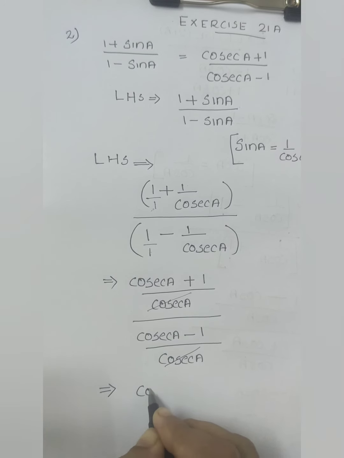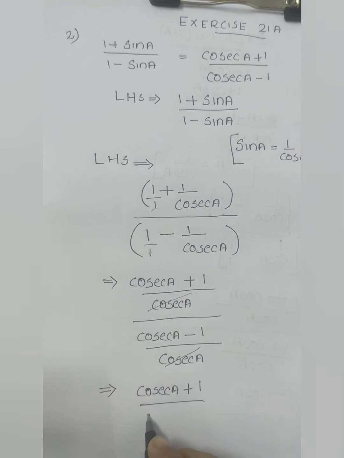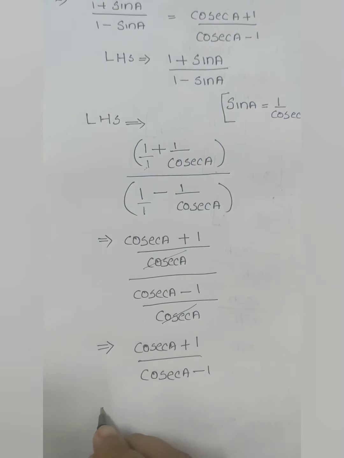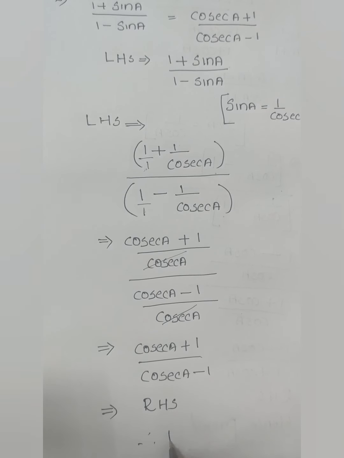Then (cosec A plus 1) divided by (cosec A minus 1), which is equal to the RHS. Hence proved.